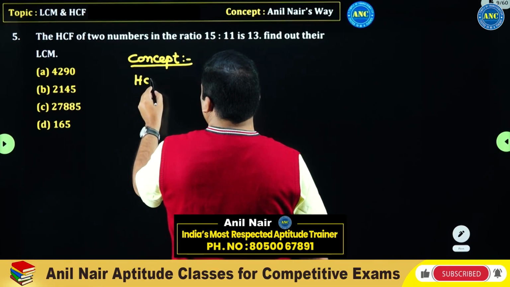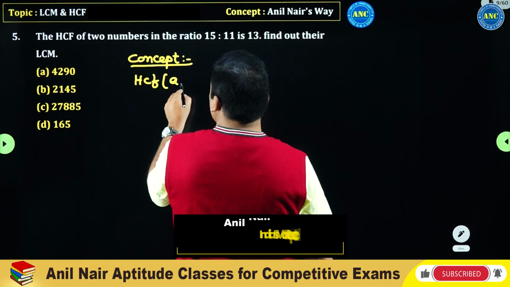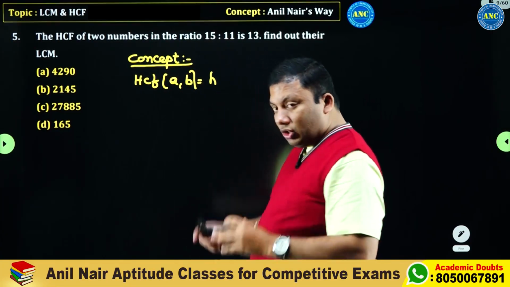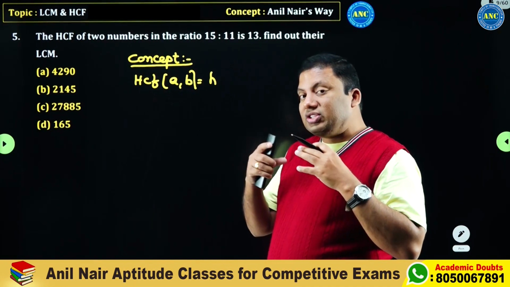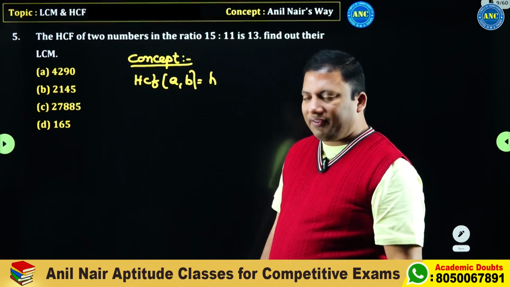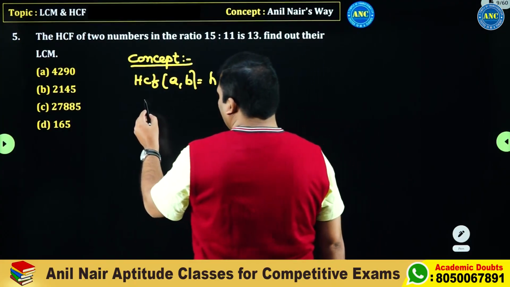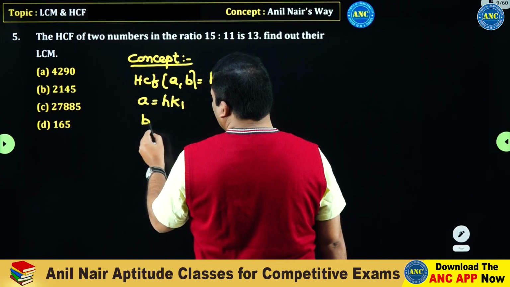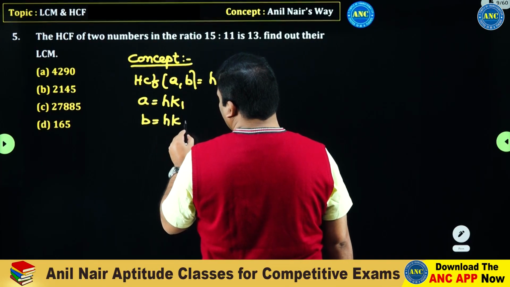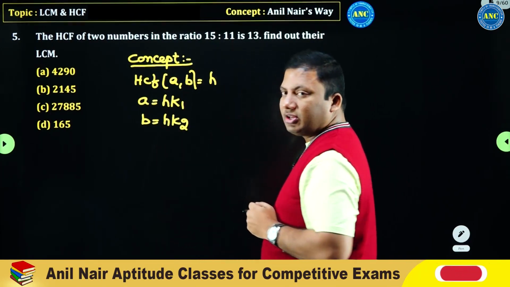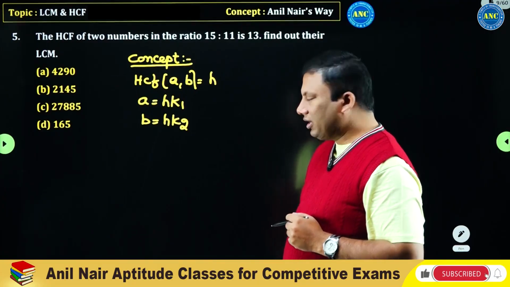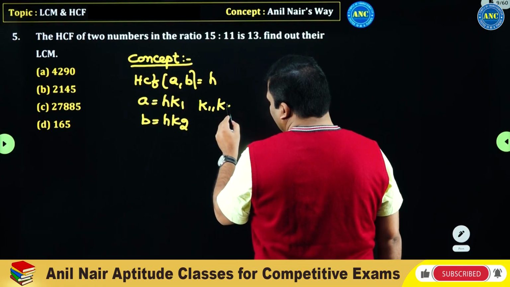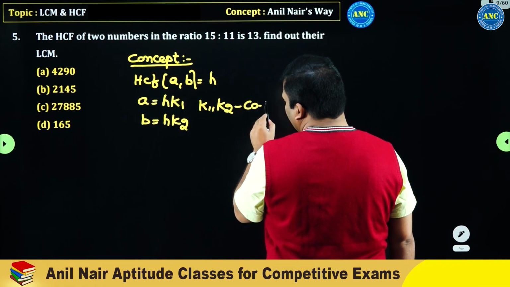Let us assume the two numbers are A and B, and the HCF of A, B is H. Then A can be written as HK1 and B can be written as HK2. What are K1 and K2? K1 and K2 are co-prime numbers.